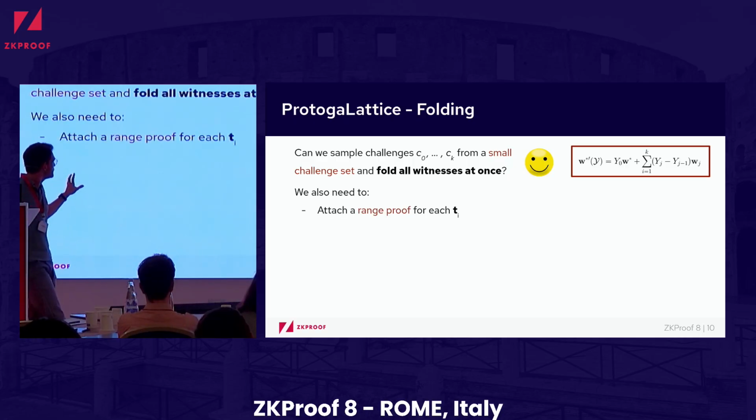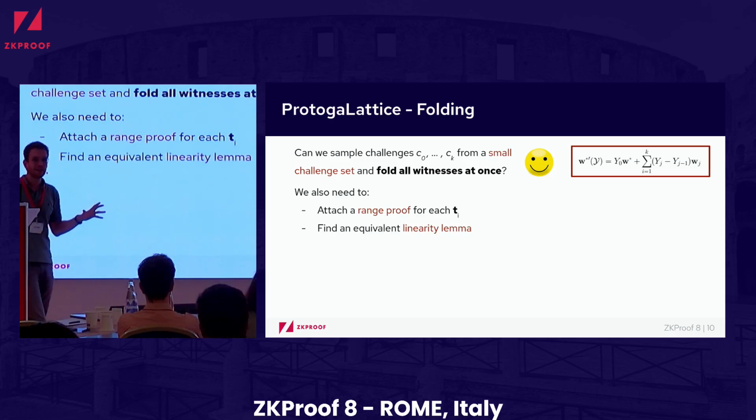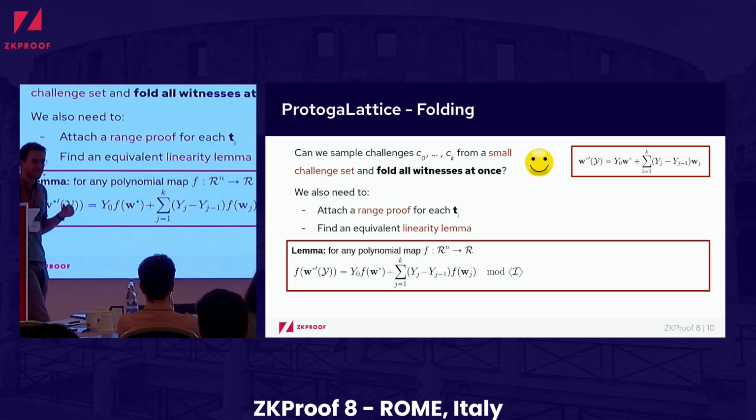In particular, we need to attach a range proof for each of the instances, for each of the commitments, and we need to find an equivalent linearity lemma for soundness. We no longer have Lagrange polynomials, so we have to work our way in order to get a linearity lemma. And luckily enough, and I will not get very deep into the math, we can have a lemma that is equivalent over ideals.